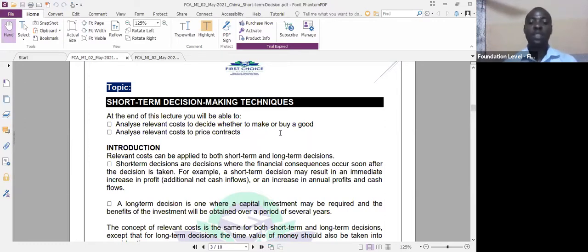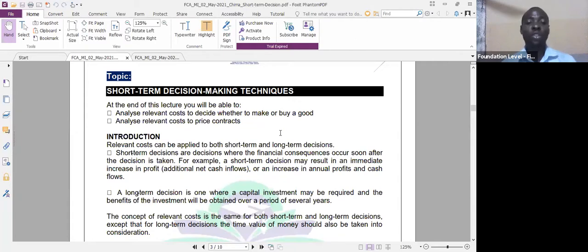And that means the result or the consequence is noticeable over a longer period of time, usually more than 1 year. So as we see the topic on the board, we're talking about short-term decision making. So it means we're going to be talking about things that will just happen within 1 year.